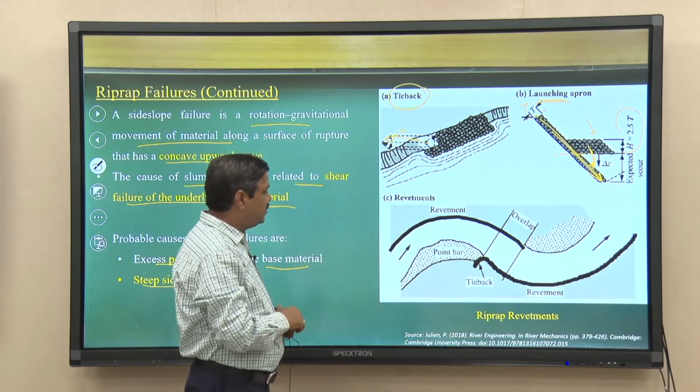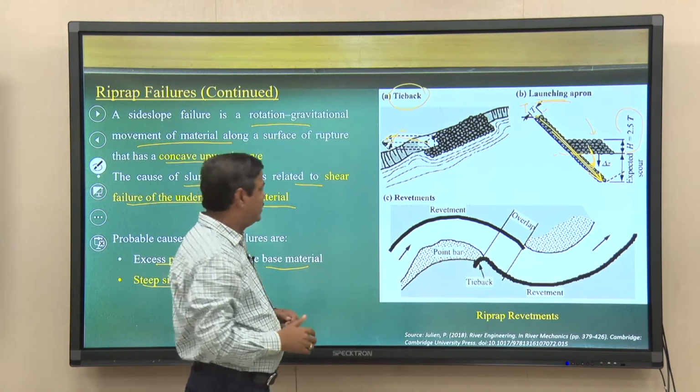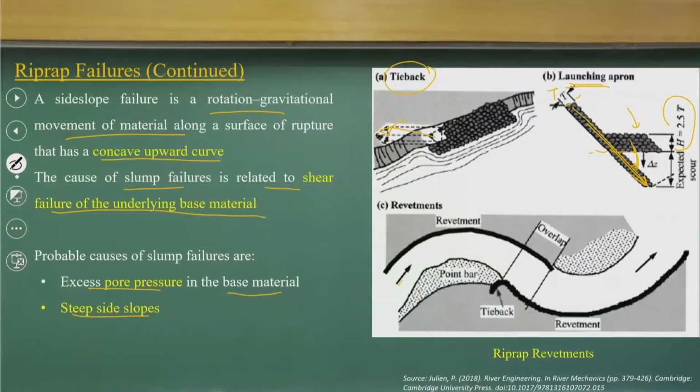Similarly, if you look at the plan form, how you do the revetment. If you have a river going like this, you should protect the river bank on this side, because there will be point bar formation, and also this side. But there should be an overlap zone, there should be a tie back, this should be designed properly.